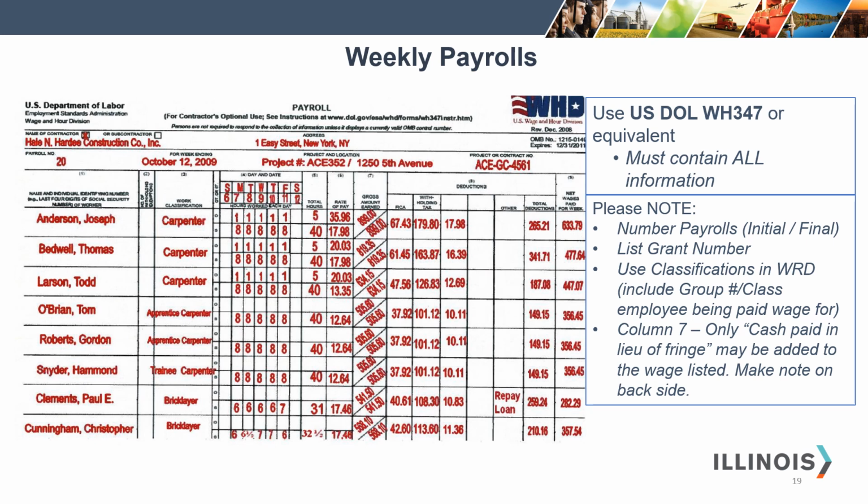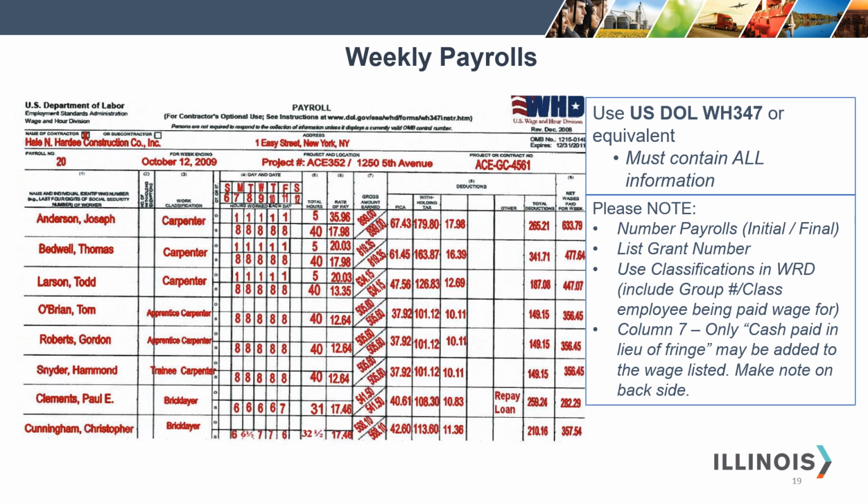It is extremely hard to identify whether the proper wage is being paid if they simply list engineer and not the group. Is it group 1? What exactly is that engineer? What work are they performing? Same thing with the truck driver.